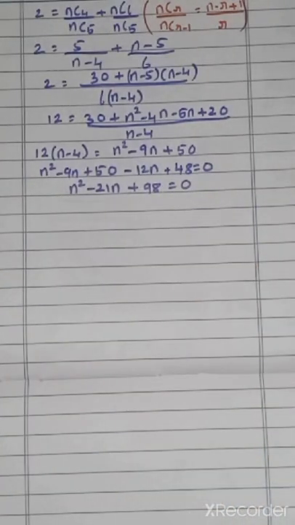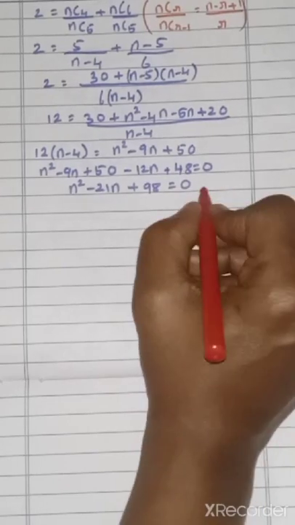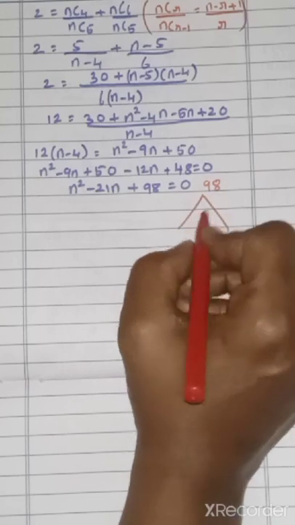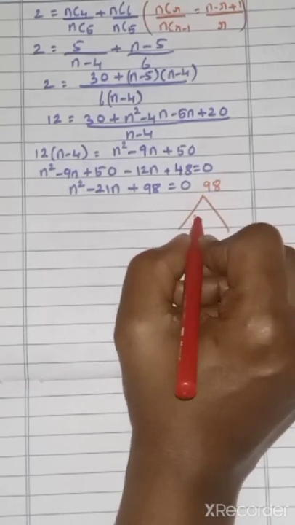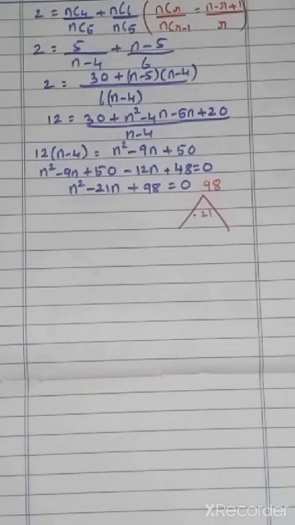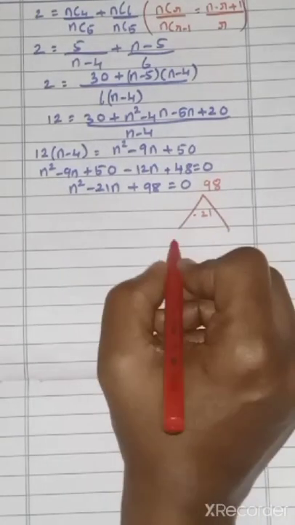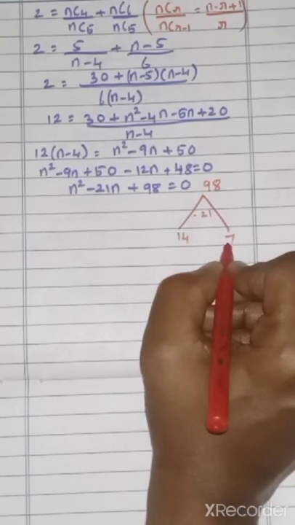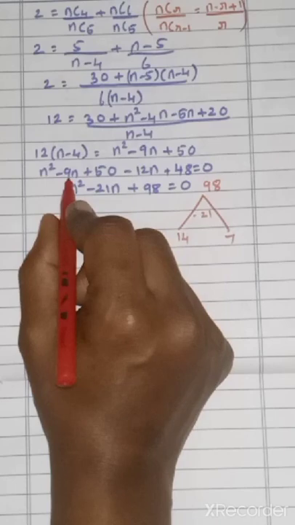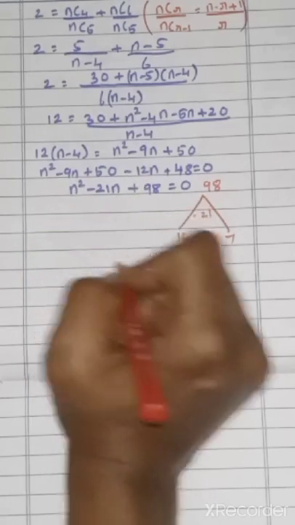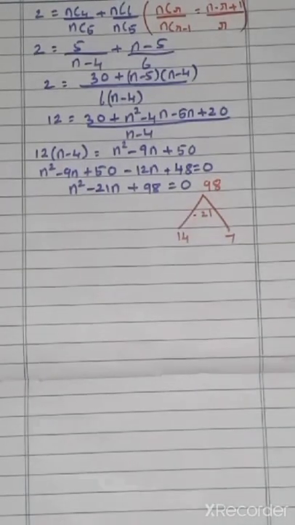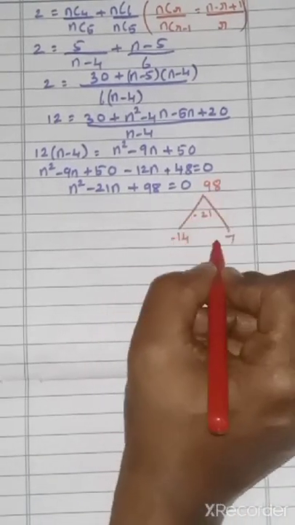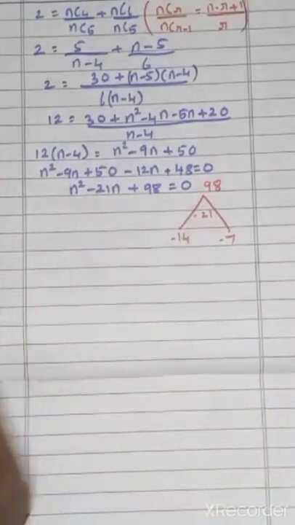Okay, so how to factorize this? 98 and minus 21. So what are the two values? 14 and 7. 14 into 7 is 98, and here both are minus, minus 14 minus 7 is minus 21.